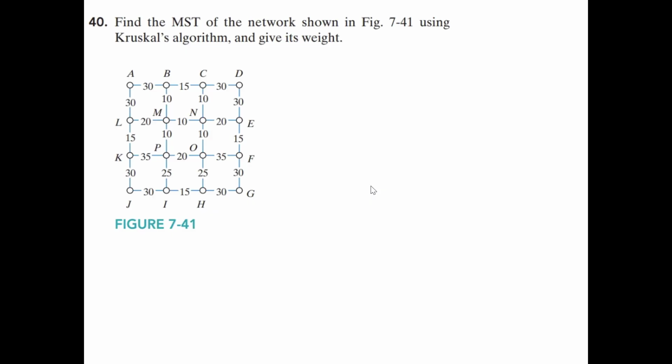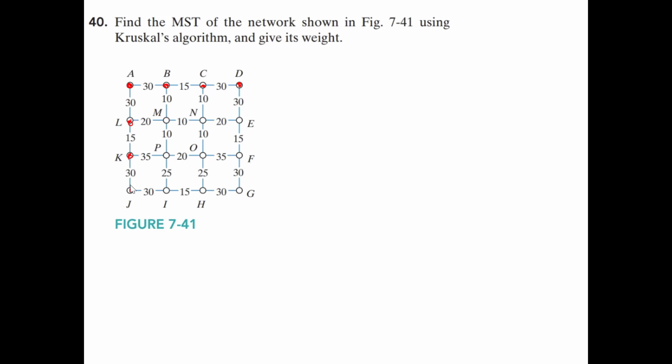And so we have: find the minimal spanning tree of the network shown in figure 741 using Kruskal's algorithm and give its weight. So we have 1, 2, 3, 4 vertices in this row, and we have 1, 2, 3, 4 rows. So 4 times 4 is 16.